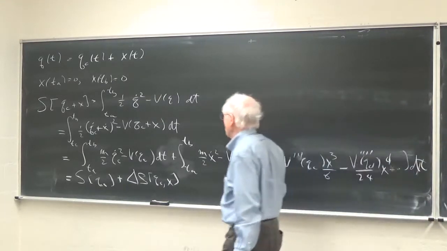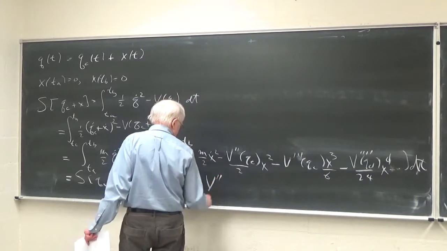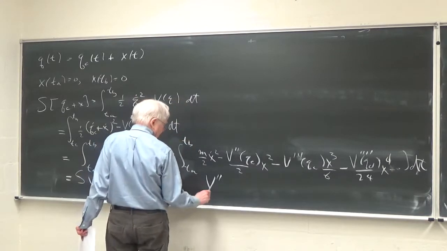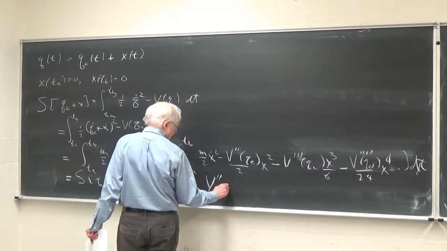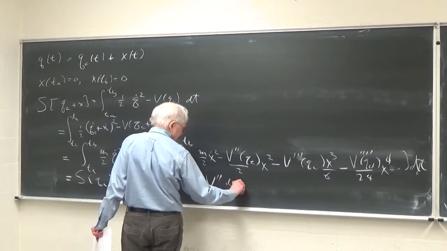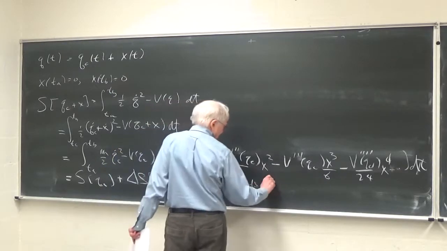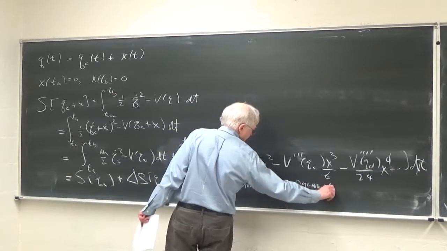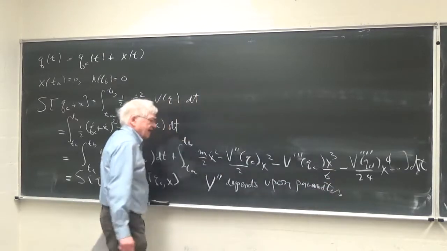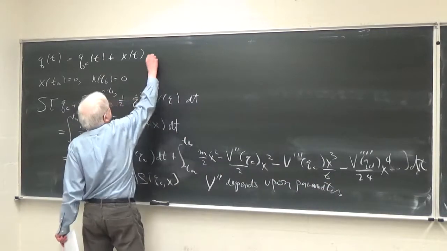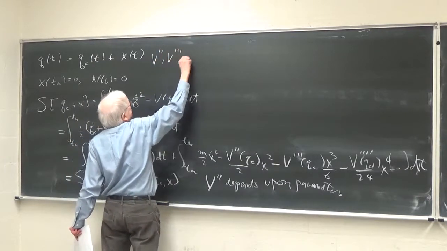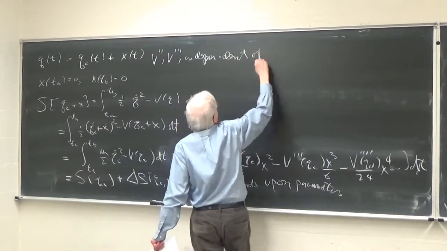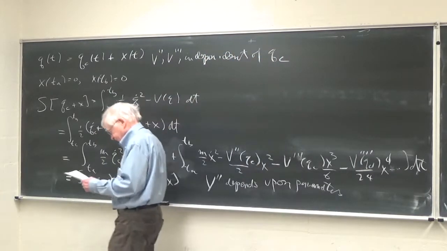But if V is quadratic, then V double prime is independent of q classical. In other words, V double prime just depends upon the parameters of the theory, and V double prime, V triple prime are independent of the classical path q classical.